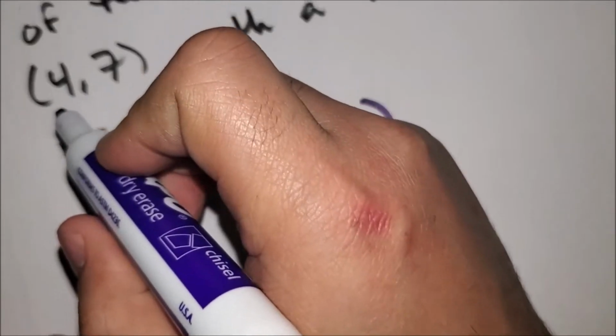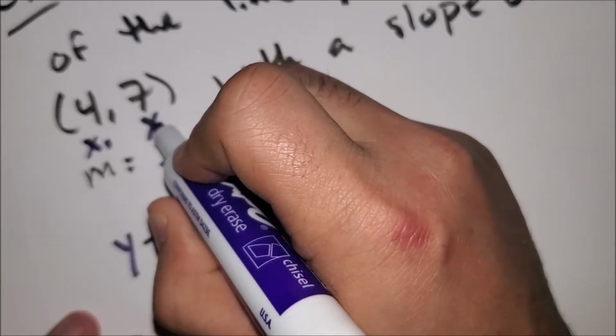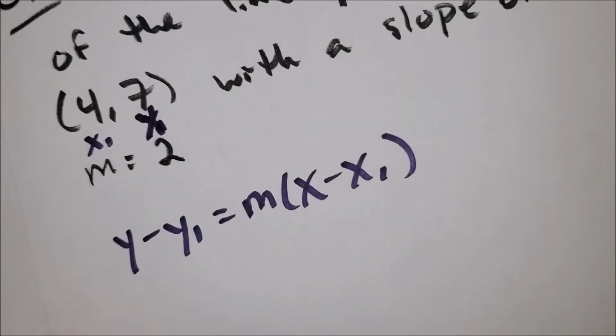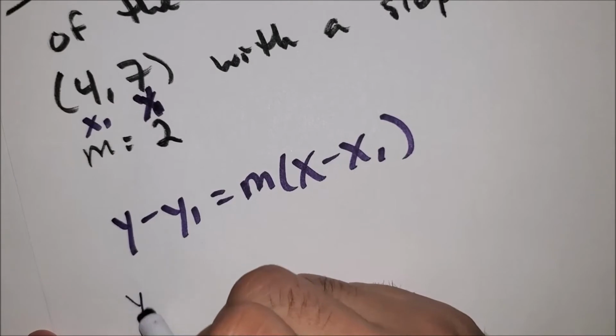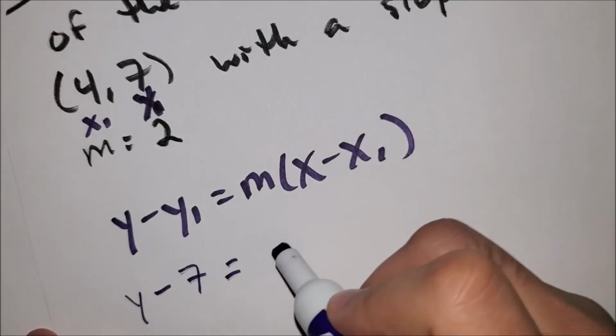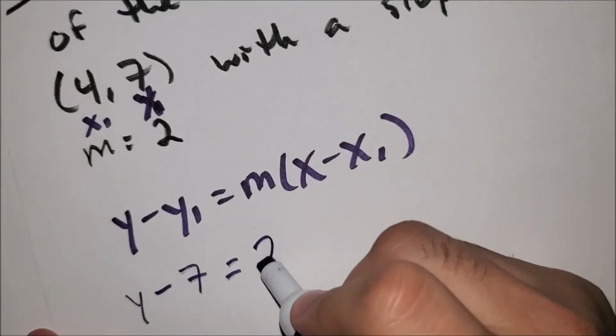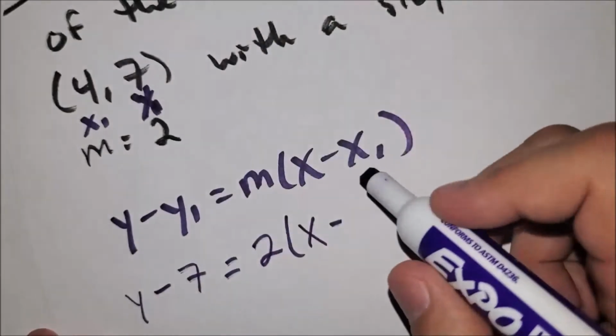We can call this point x1, y1. So we substitute these values in. We get y minus 7 equals, and then our m is 2, 2 times x minus x1, which is 4.